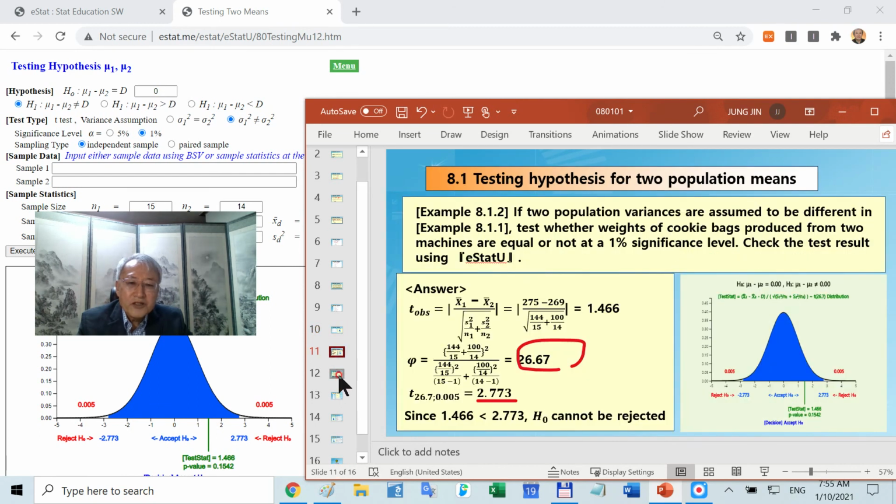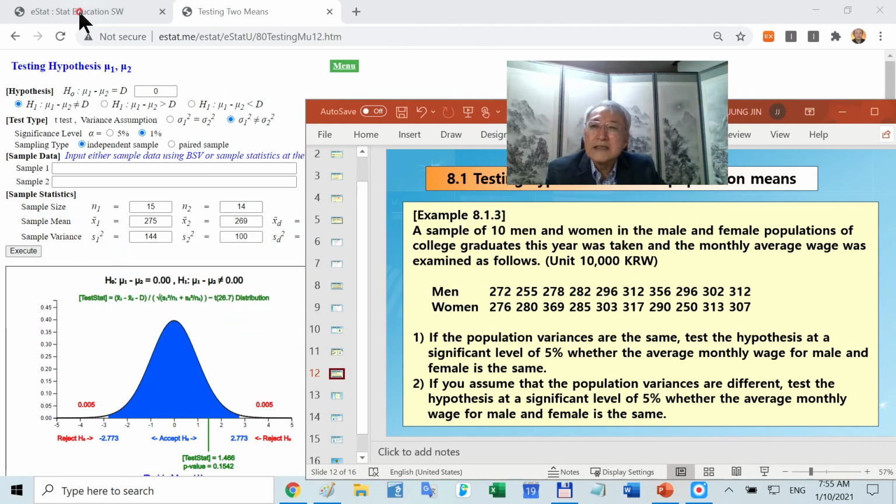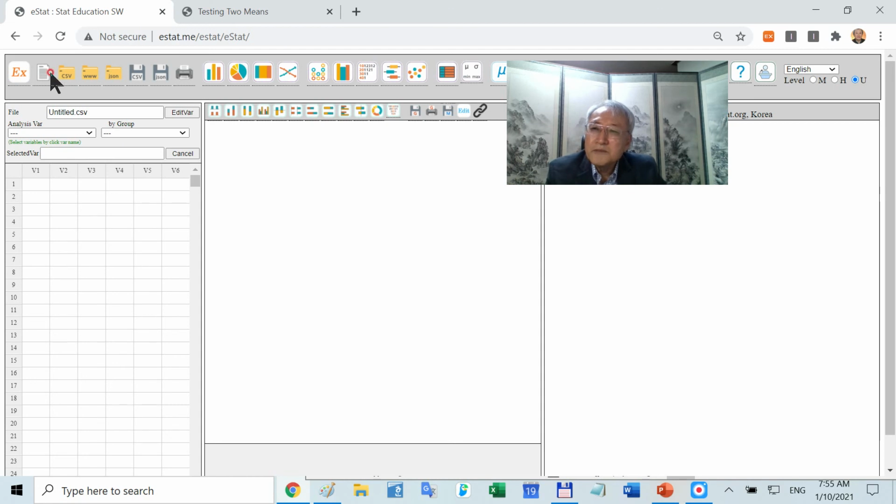We discussed this problem. Let's discuss one more example. You have real data. Okay, you have to compare the male and female populations of college graduates, and you are checking the monthly average wage. You want to test that. I think this example is in E-stat. Maybe we can exploit their data set in the eBook.